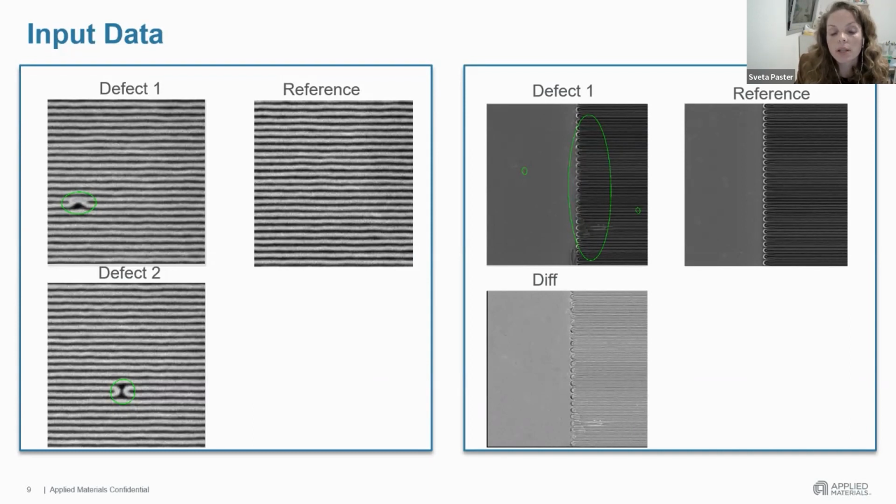Now, in order to understand what exactly the defect is here, we have a reference image, and our annotators can also get a difference image, where we can visualize that these edges are really defective. This is the defect itself. But pay attention that the annotation is bigger than the defect itself. So part of the area here is background.